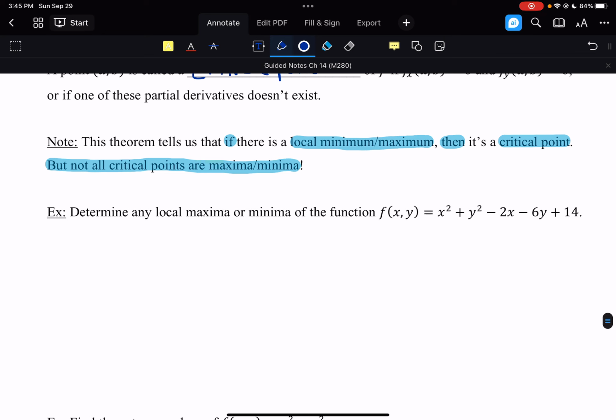If we go ahead and take the partial derivatives, so we've got f_x(x, y), that's 2x minus 2, and we've got f_y(x, y) is 2y minus 6.